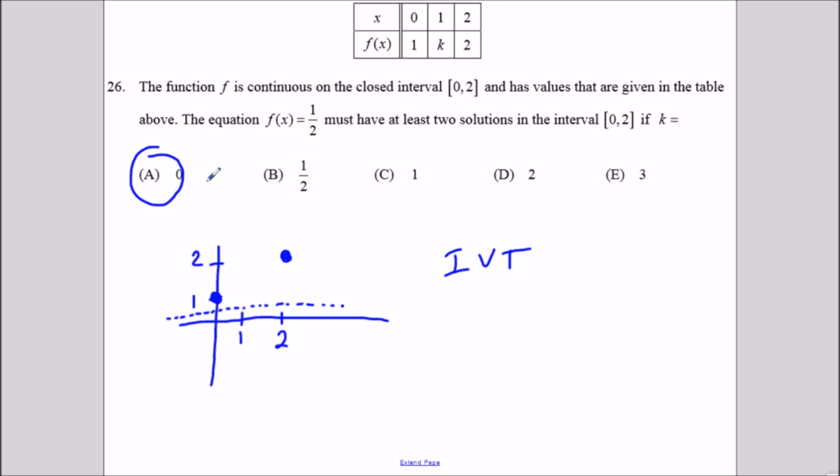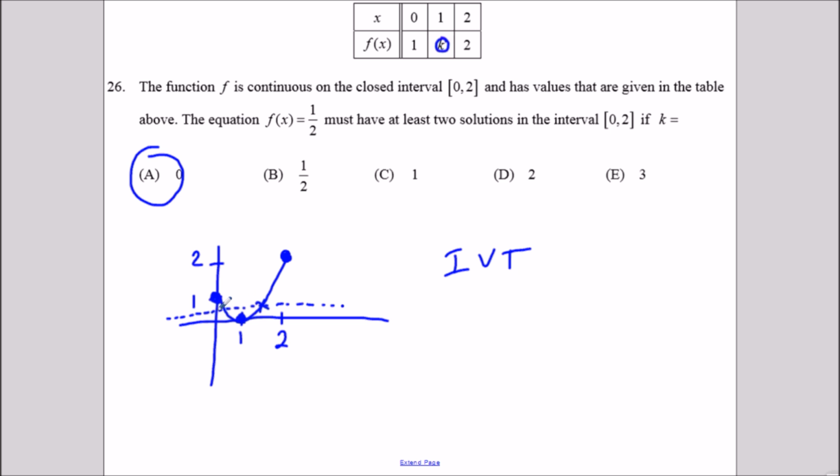And think about, why does this answer make sense? Well, because if it's continuous, I have to pass through every height in between. So on my way from 1 to 0, like when we write our 0 here, on my way from 1 to 0, I have to pass through 1/2. So that means I cross at least once. But then to go from 0 to 2, I'm going to have to pass through 1/2 a second time.